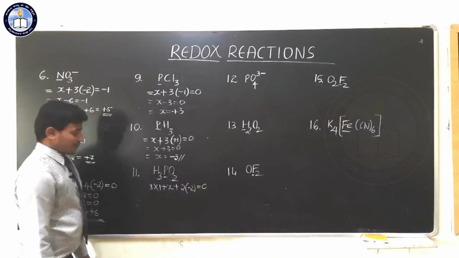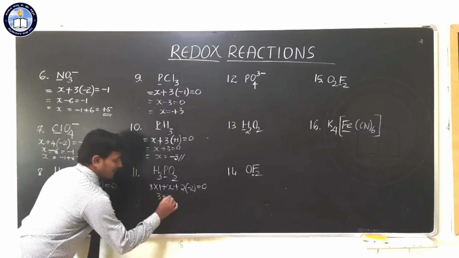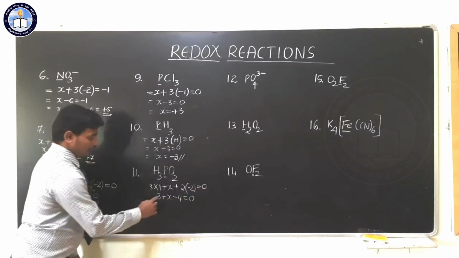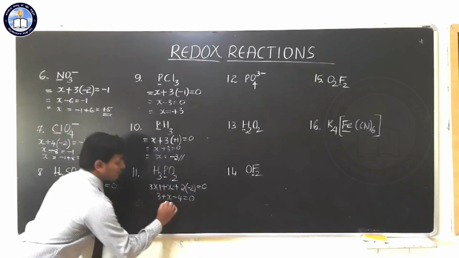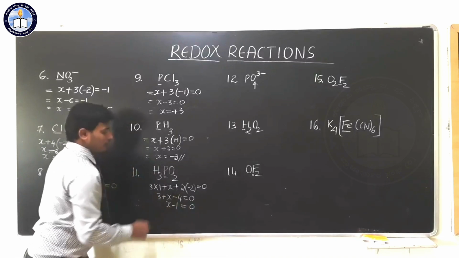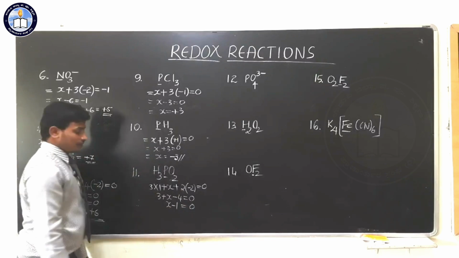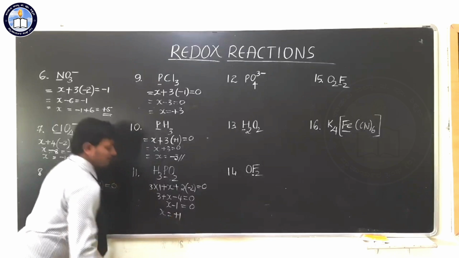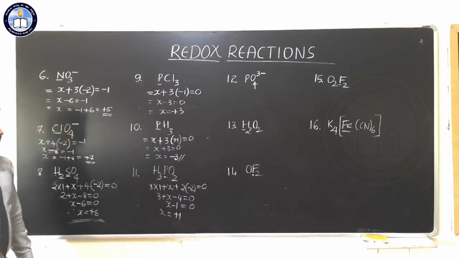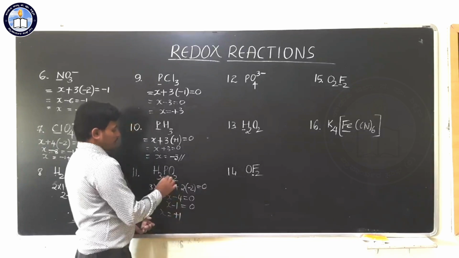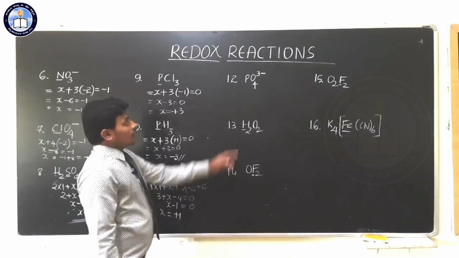Now 3 plus x minus 4 equals 0, so x minus 1 equals 0, since 3 minus 4 equals minus 1. Now x equals plus 1. This is the case of phosphorus in this molecule.